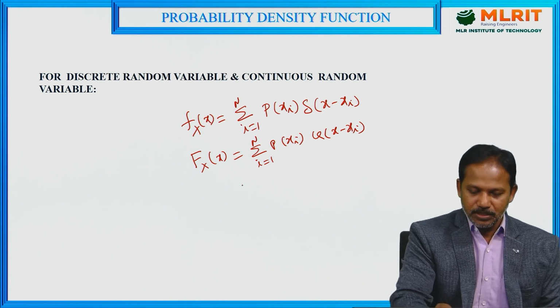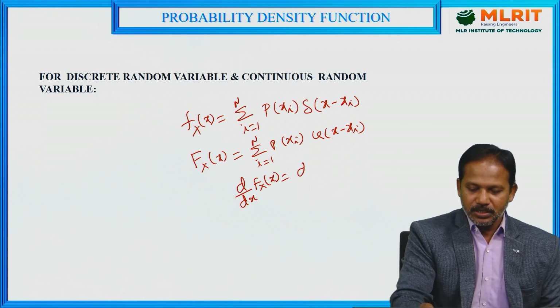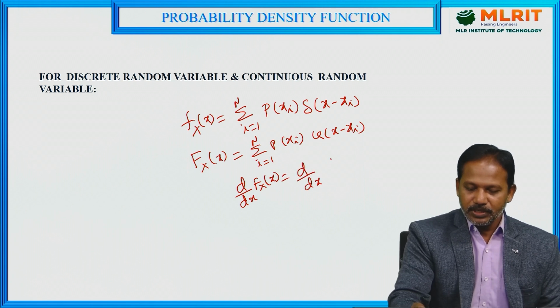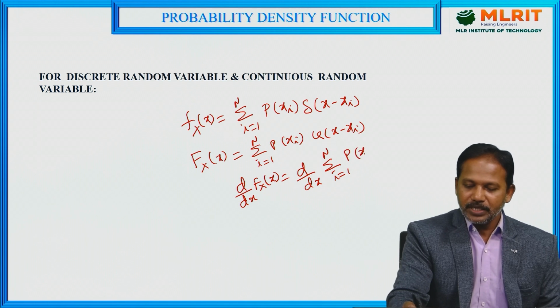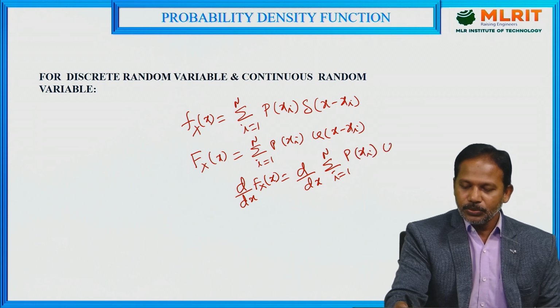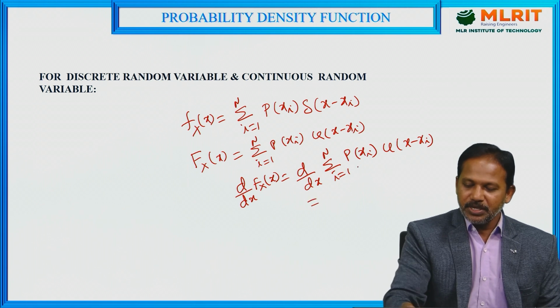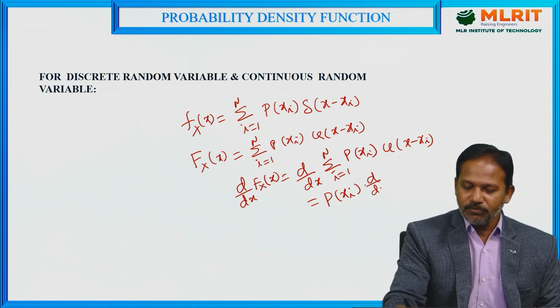That is d by dx of capital FX(x), that is d by dx of summation of i equal to 1 to n, P(xi) into u of (x minus xi). P(xi) is a constant value, so it is P(xi) into d by dx of u of (x minus xi).